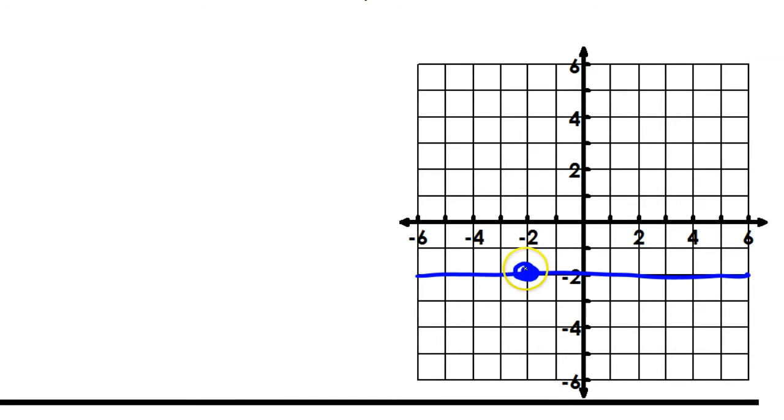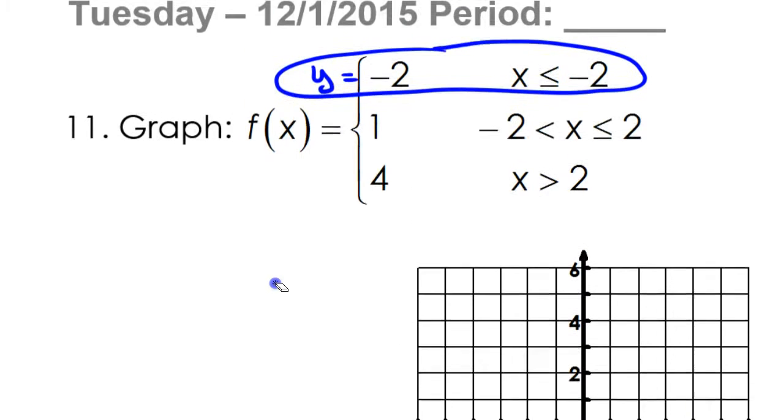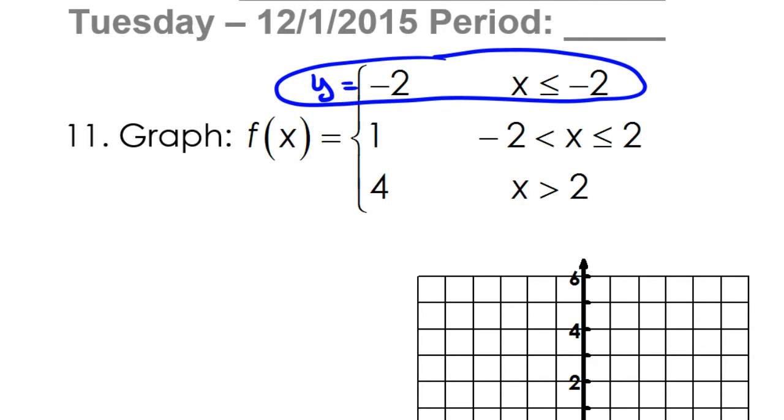Now, because we want to include the values that are equal to negative 2, I'm going to make this a closed circle. For less than, I will go to the left. All right, so this ray shows the x values that are less than or equal to negative 2. Okay, so that's the first part of my piecewise function.